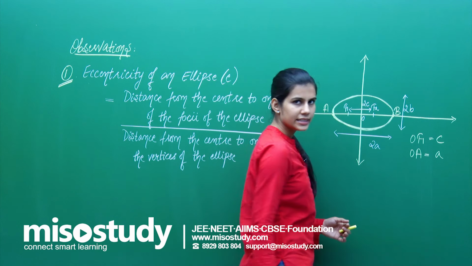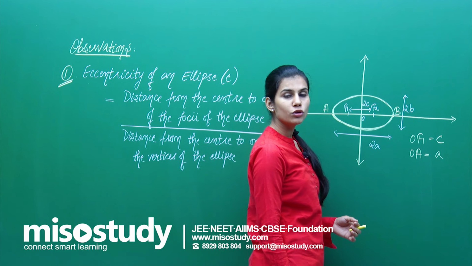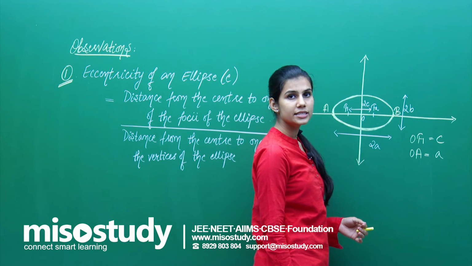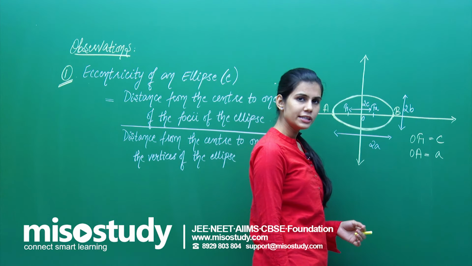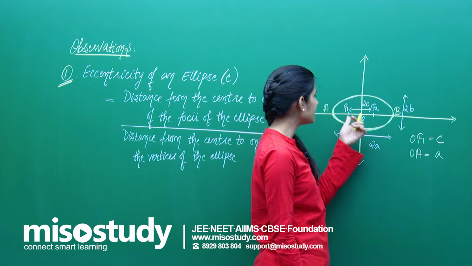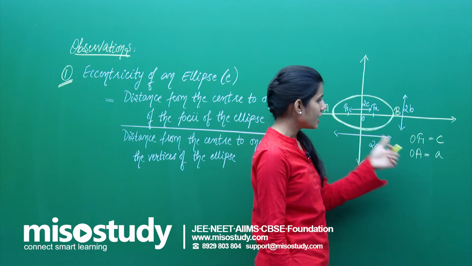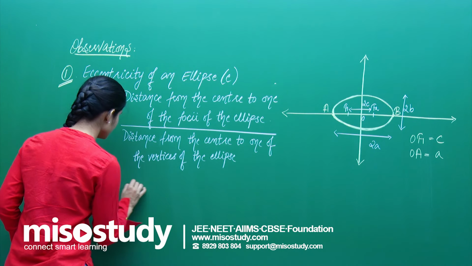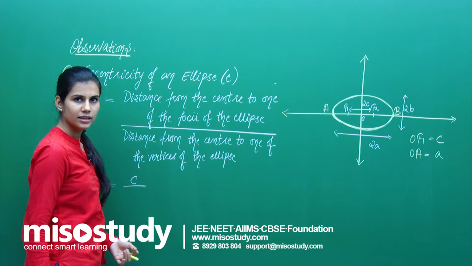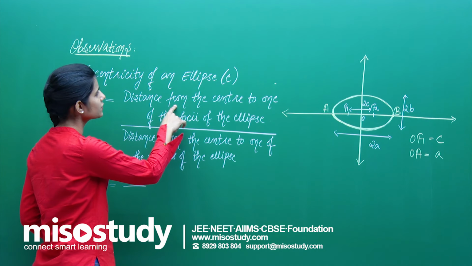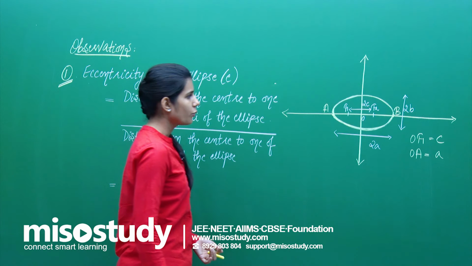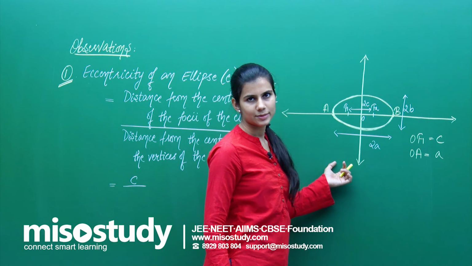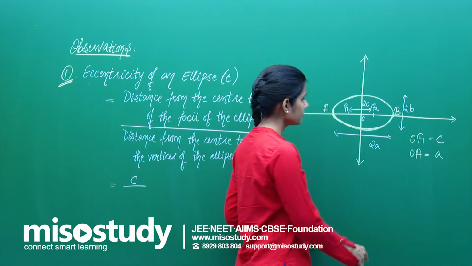OF1 is representing the length of the segment joining O to F1, or it is representing the distance between O and F1, or it is representing the distance from the center to one of the foci, and that is my small c. So I can now replace the numerator by small c, because numerator is representing distance from the center to one of the foci, which actually in the standard form is small c. And what is OA?